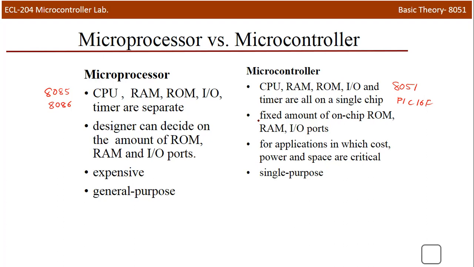In some microcontrollers, there is flexibility, but in most cases, they are fixed. And when you connect all these devices externally, ROM, RAM, input, output, microprocessor based systems are normally expensive. But when you talk about a microcontroller, the RAM unit, ROM, and some input output devices are all available on a single chip.